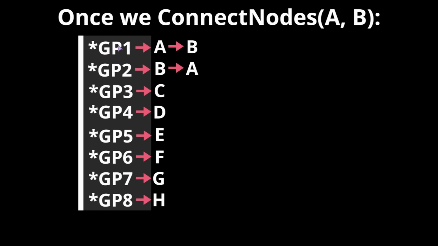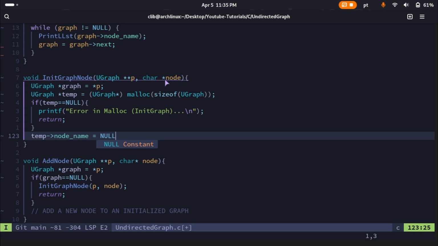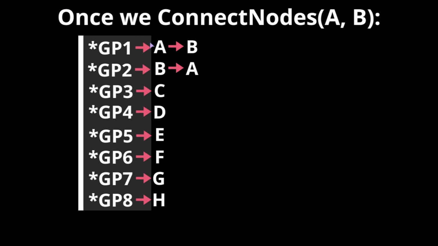Graph pointer 1 holds a value that is a pointer to a linked list, but we haven't initialized the linked list yet. That's why we're going to have to create a linked list and initialize the linked list with the value we want. In this case, will be the value of node we're passing here. So that's why we're going to initialize node name with null. So this is our pointer to our linked list. Will be pointing to null until we initialize the linked list, and then we're going to change the pointer to the new linked list.